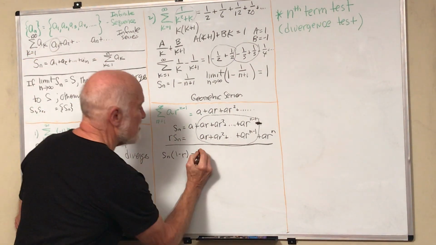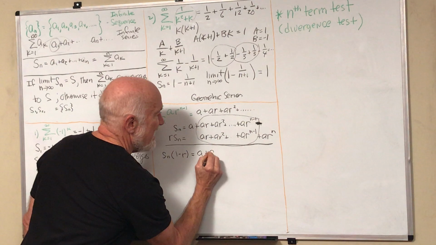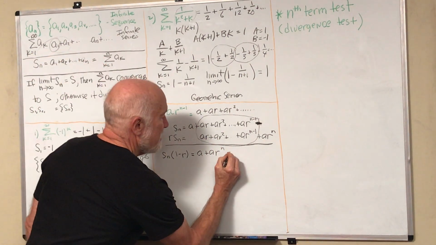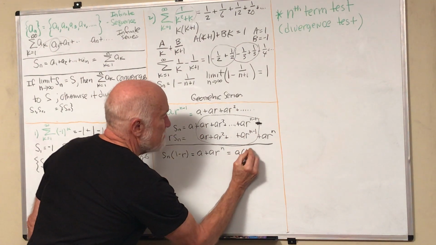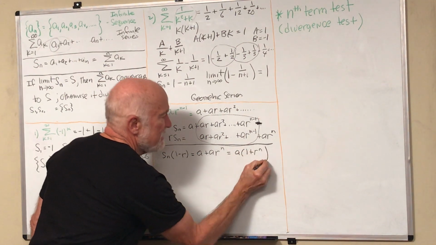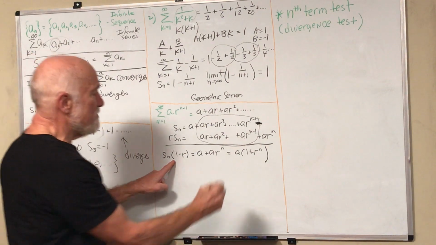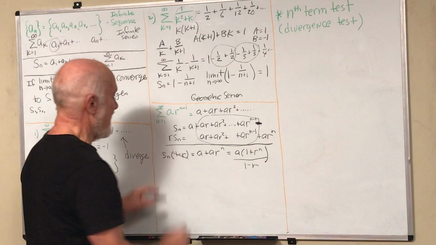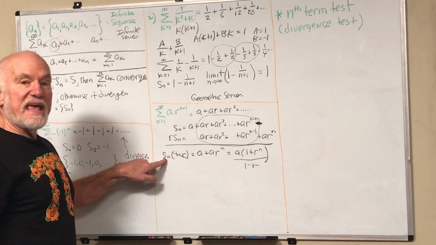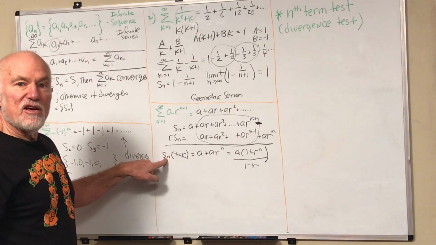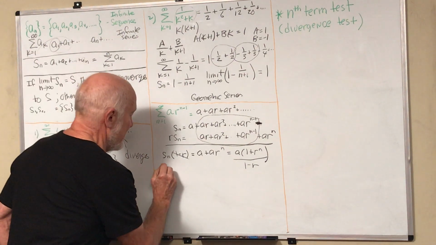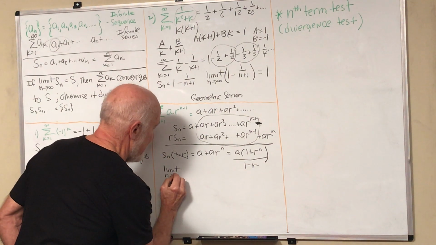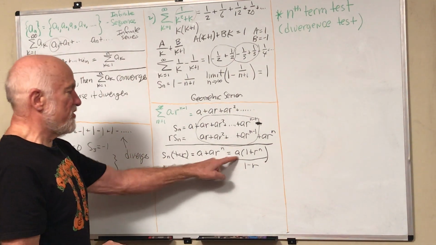So I'm left with just a minus ar to the n, or a times 1 minus r to the n. And then if I just divide by 1 minus r, I've got what my nth partial sum is. So to find out if it converges, I take the limit as n approaches infinity of my nth partial sum.